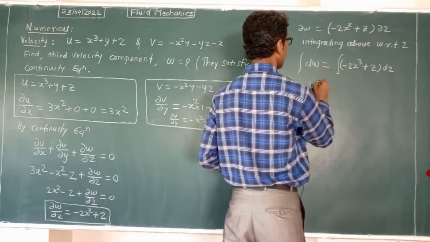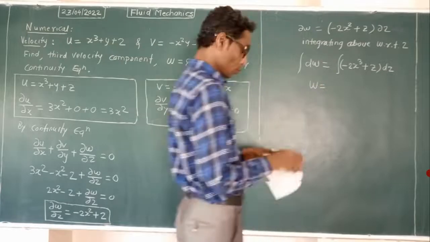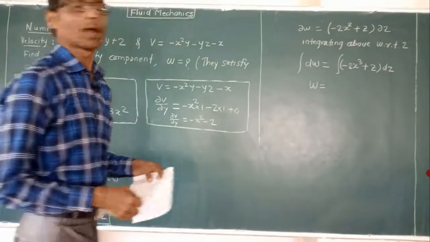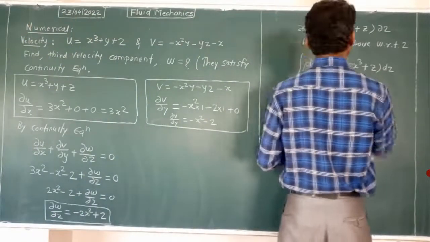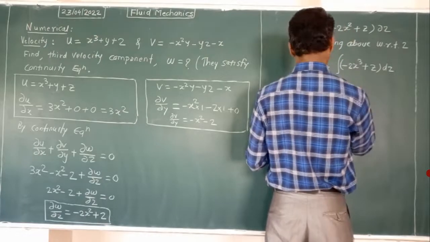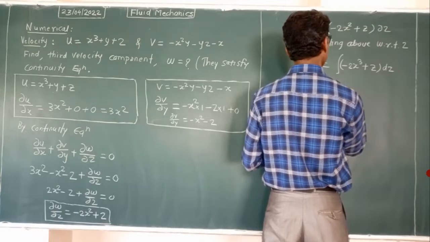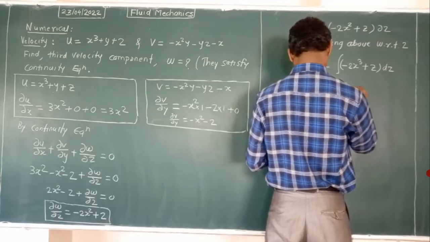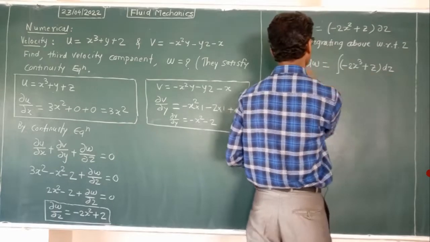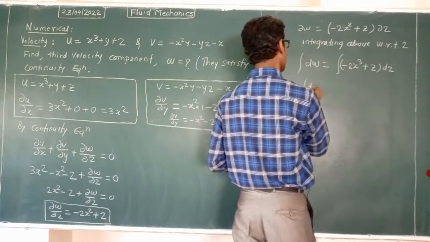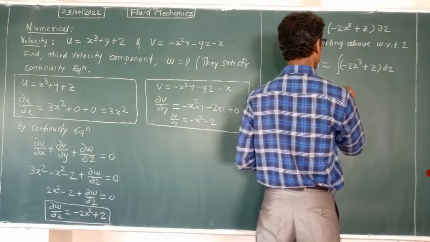The integration of dw is w, the velocity component. Now the integration of minus 2x square plus z with respect to z: we split the terms properly.